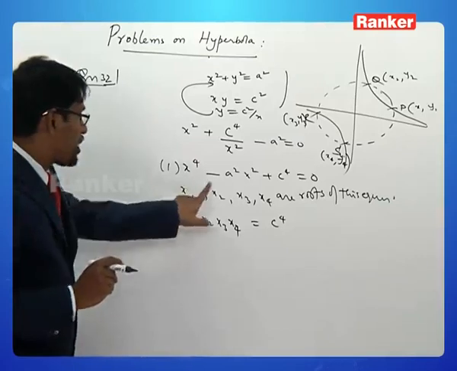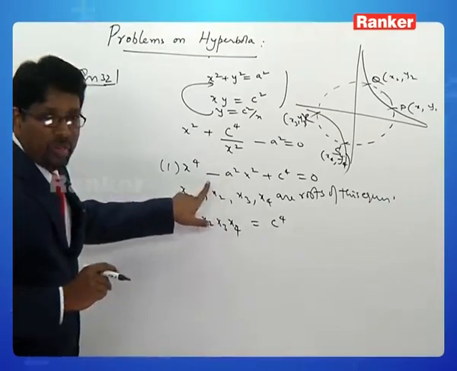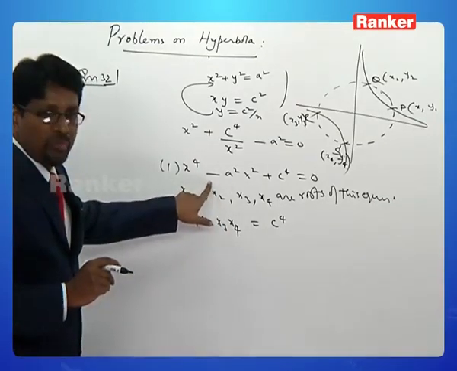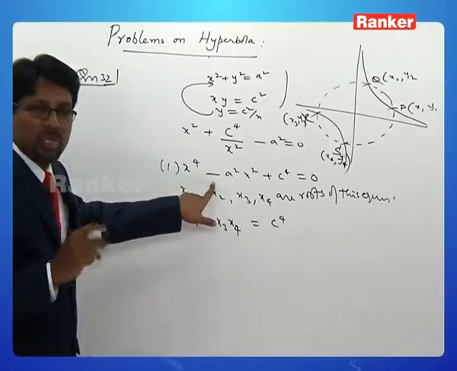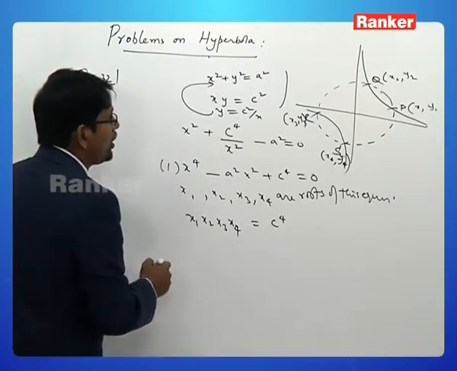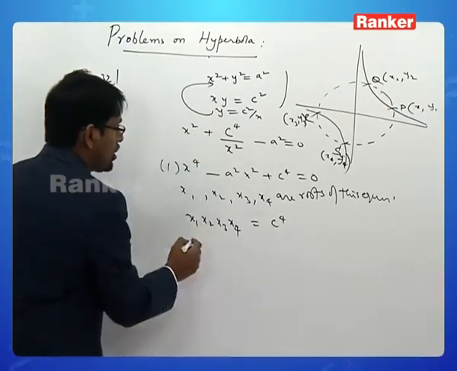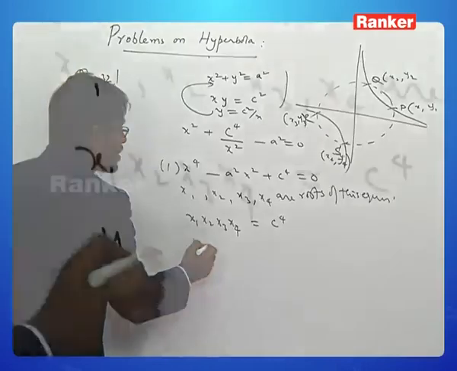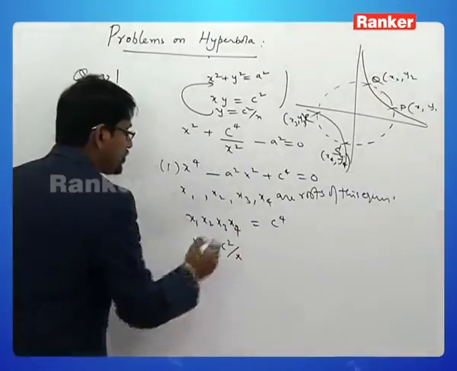x1 plus x2 plus x3 plus x4 has to be 0. The coefficient of x cube is 0. Therefore, x1 plus x2 plus x3 plus x4 has to be 0 there. Now, what could have been the right option here? What we have is y is equal to c square by x we know.